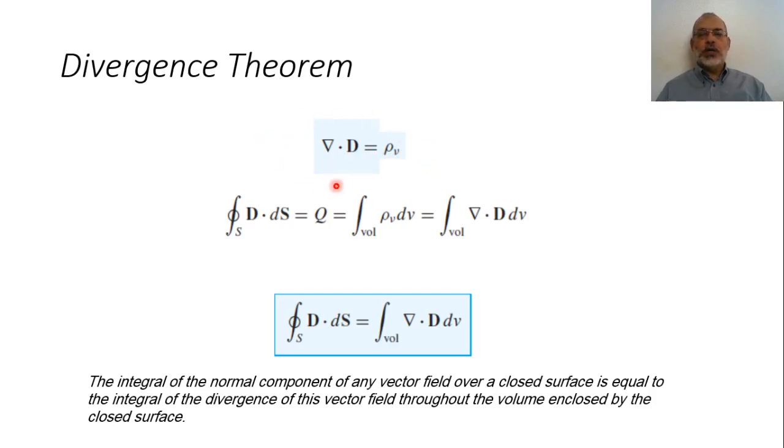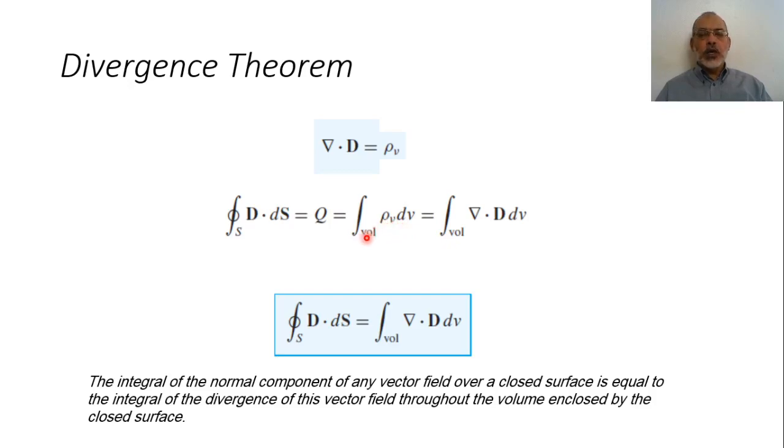All of them are the same. So div D equals rho v, and the integral form of Gauss law was the integration over a closed surface D dot dS equals the charge enclosed inside the surface Q. And effectively Q can be obtained as the integration of the volume charge density dV.